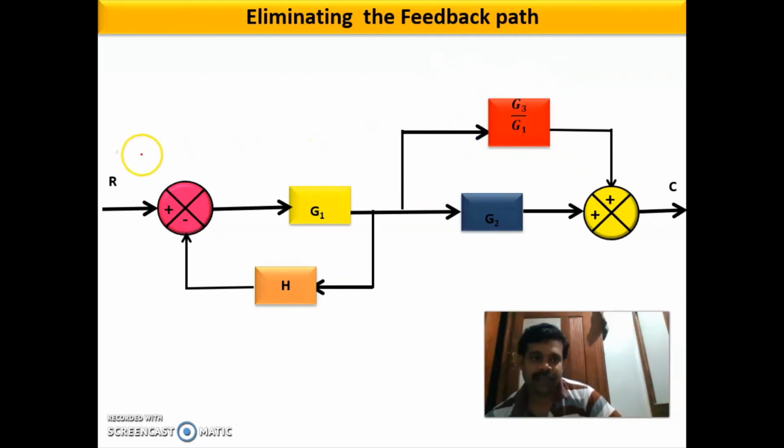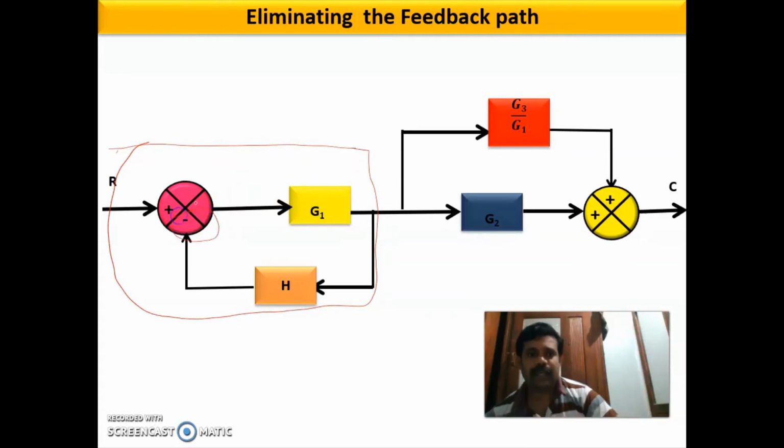First we can consider this feedback loop. What type of feedback is it? It is negative feedback. If you are having negative feedback, then the equivalent equation is G divided by 1 plus GH.